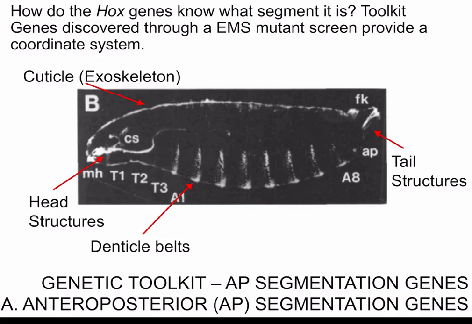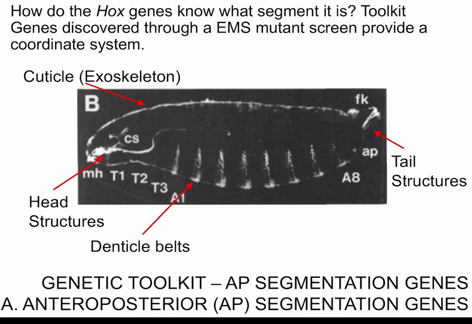It turns out that there is another set of toolkit genes called the anteroposterior, or anterior to posterior, segmentation genes, AP segmentation genes. And it is the AP segmentation genes that in fact instruct the Hox genes to be expressed in the correct segments. The AP segmentation genes were discovered through a mutant screen.